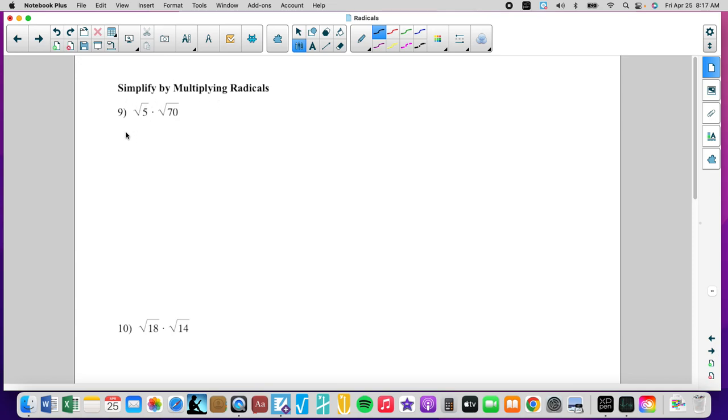Multiplying now, we're going to break things up still, but notice that we are multiplying. So when we multiply like radicals, it cancels the radical because rad 5 times rad 5, we can look at it in 2 ways.